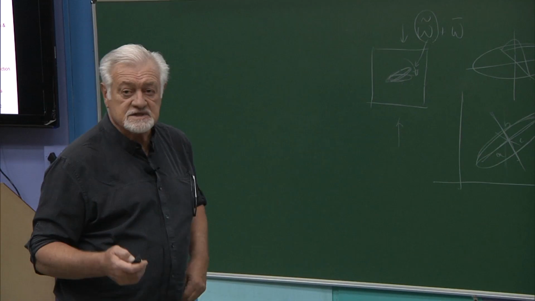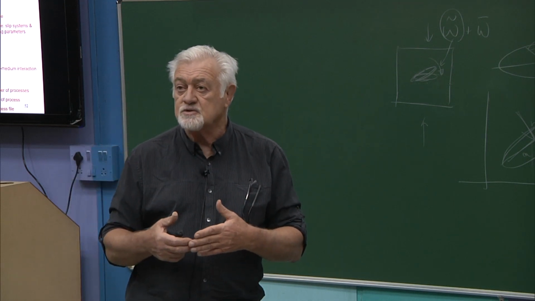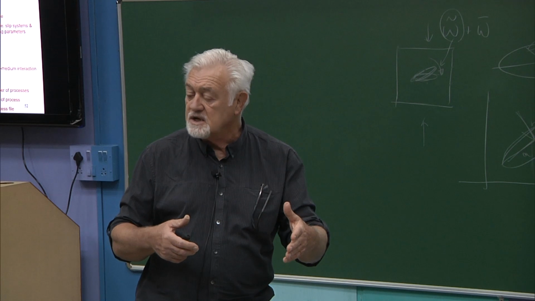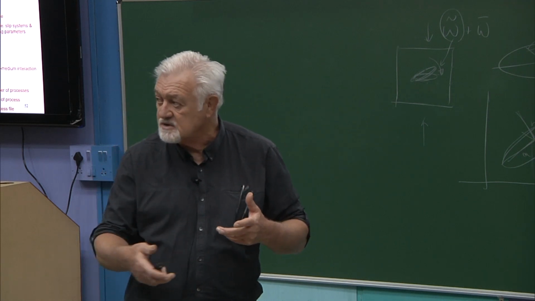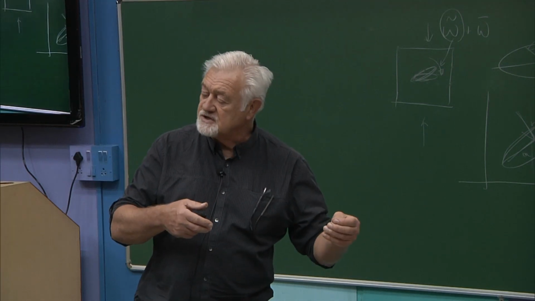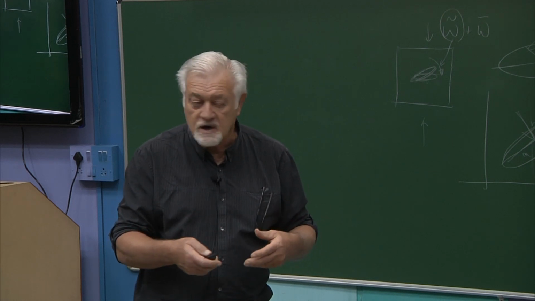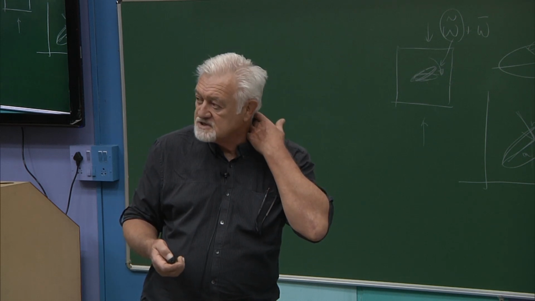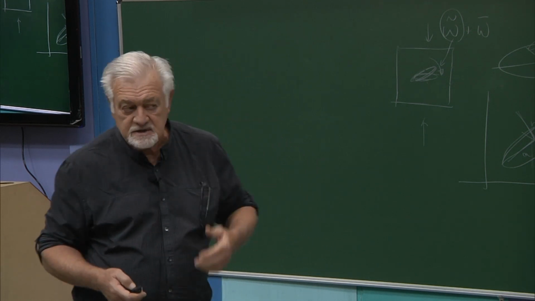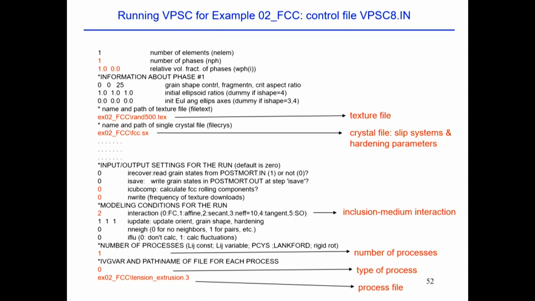Originally, it was put there because the code was taking so long to process that sometimes you wanted to do tension in one direction and then compression in another direction, for example, and you wanted to save the tension state of the code and then do compression on that one. Now the code runs so fast that those things are not necessary, but other things can be done with this, but I'm not going to get into that. This is to calculate rolling components.